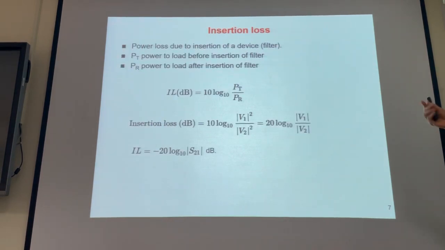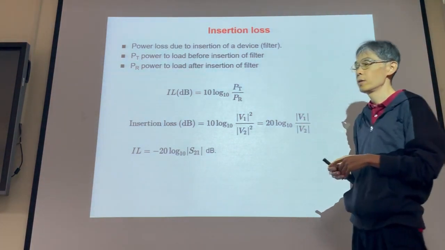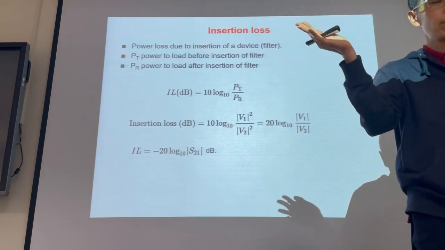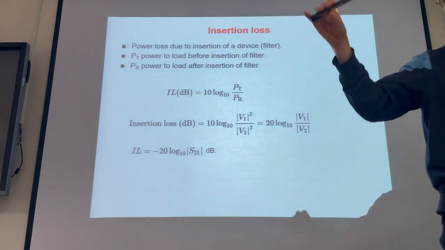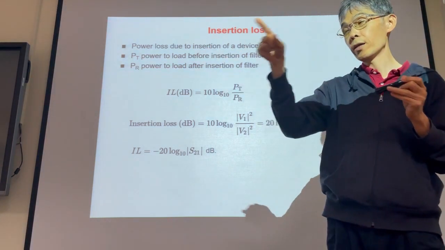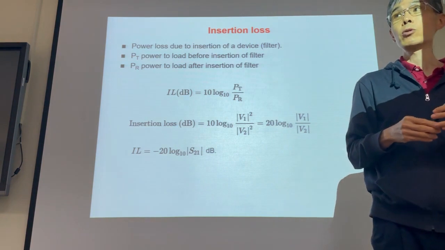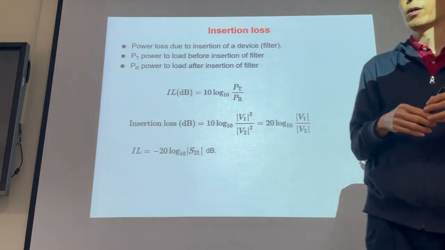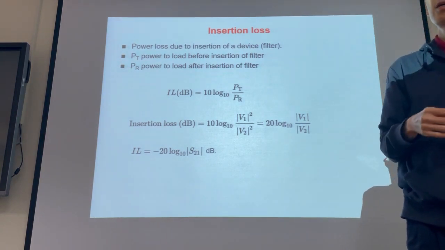Then insertion loss. See, we have power in, power out. We have a transmission line, so we have input to the output. You can imagine you have a cable, a wire.